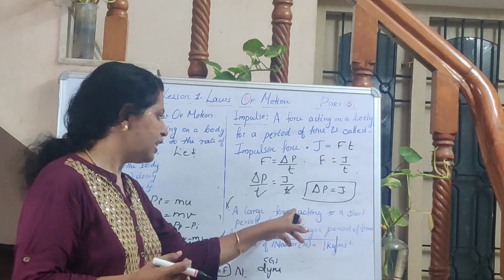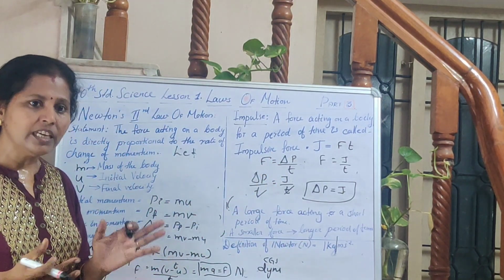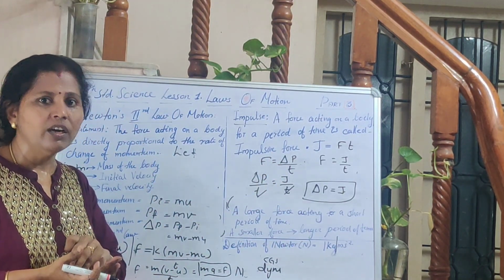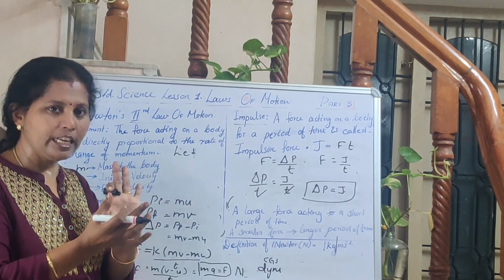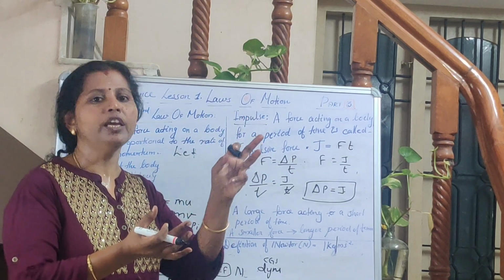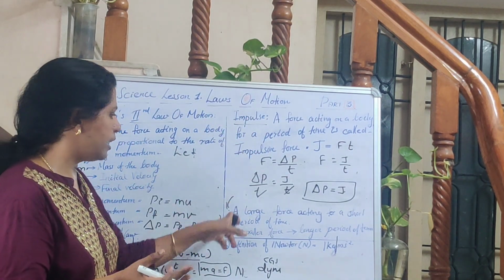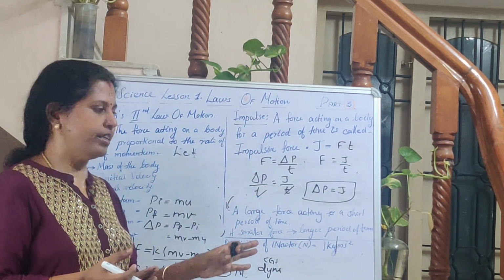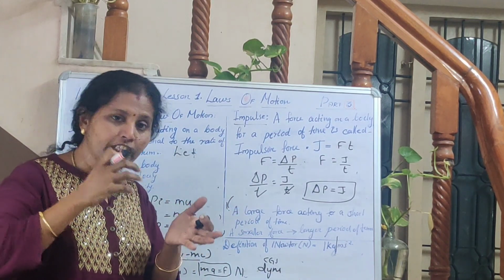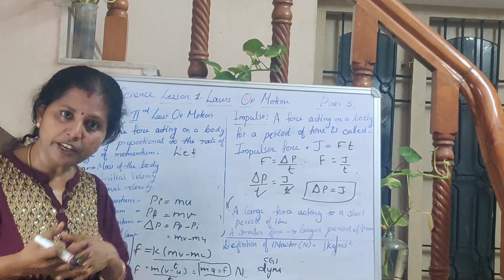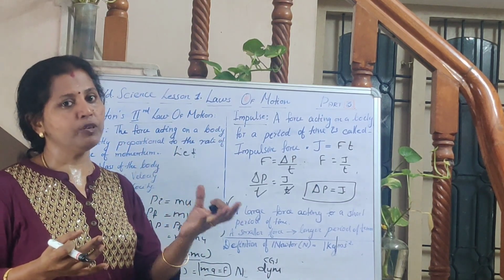As the time lapses, the force acting on the body will be less. If we catch for a less period of time, the force will be more. So this concept is used here. For a short period of time, the effect of force will be more; for a large period of time, the effect of force will be less.